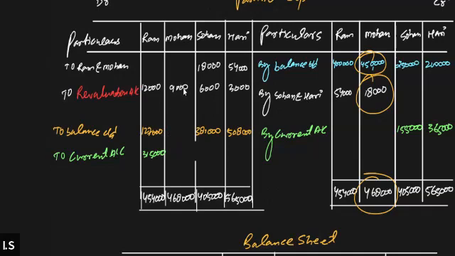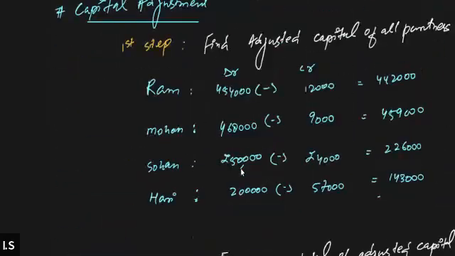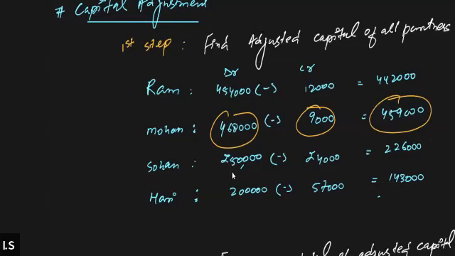So out of 4,68,000, when you subtract 9,000, you will get the adjusted capital as 4,59,000. Am I clear, everyone? Yes or no?